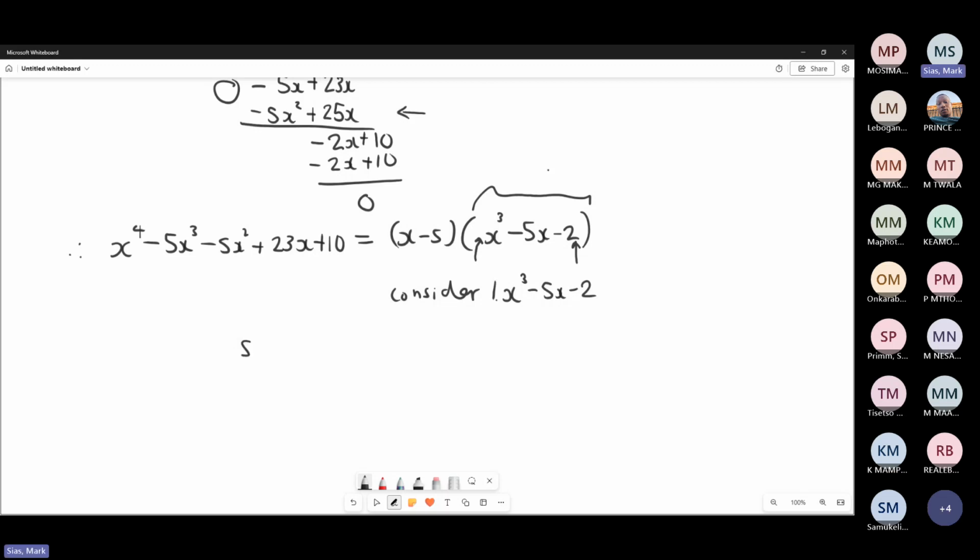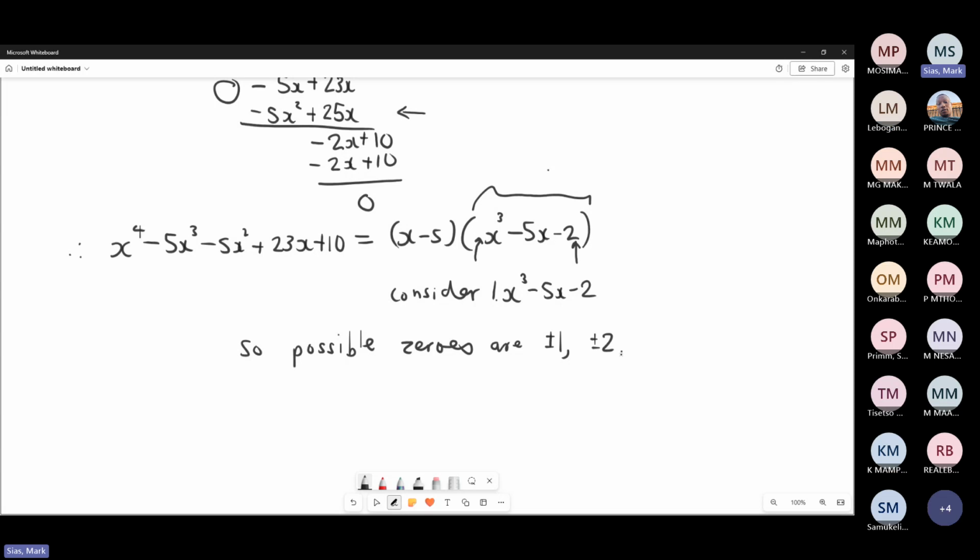So possible zeros, using the rational zeros theorem, are plus or minus 1 and plus or minus 2. So there are 4 possible zeros there, okay?